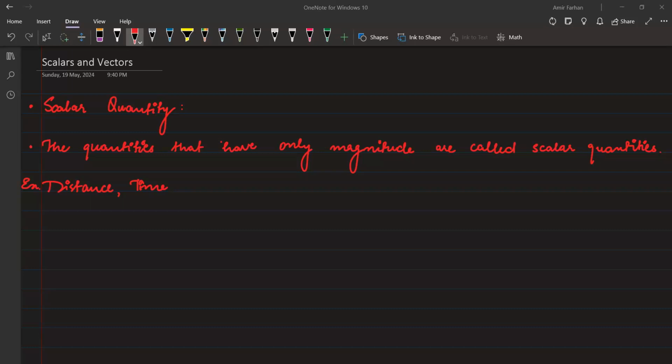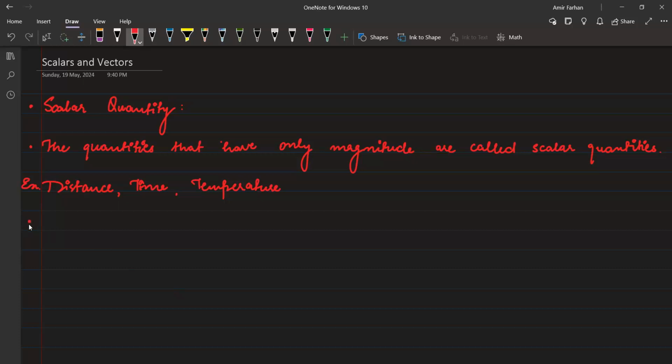No. Because time only flows in one direction, the forward direction. Time and temperature, these are some examples of scalar quantities. Am I right, Ayaan? Is this clear or not?